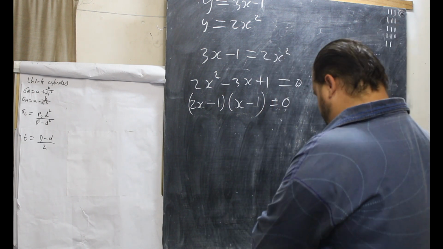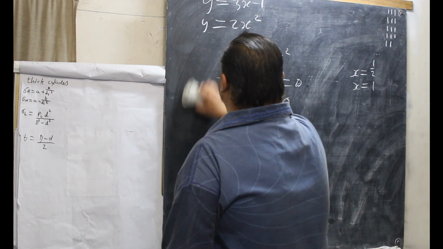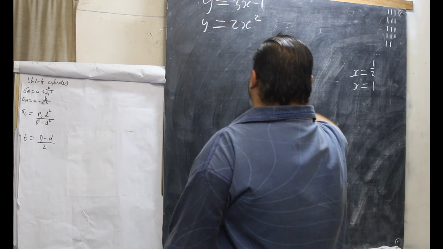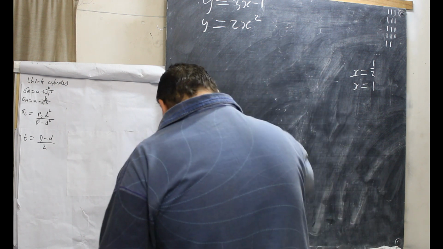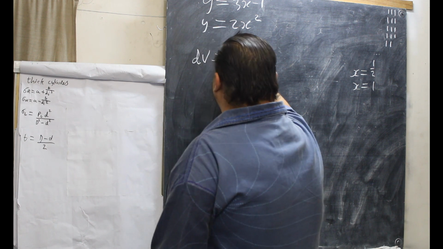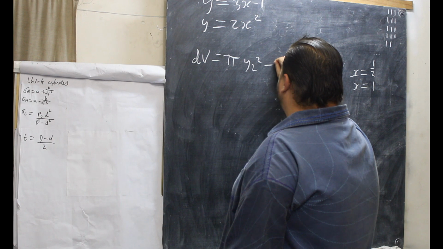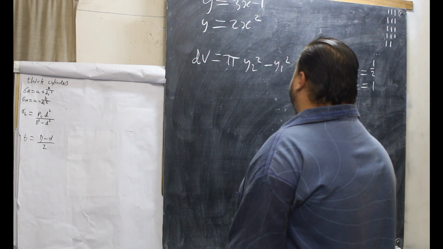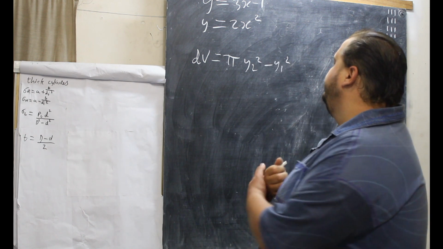So, what we need to do next is find our formula. Our formula will be dV equals pi times y2 squared minus y1 squared. So that's y2 and y1.